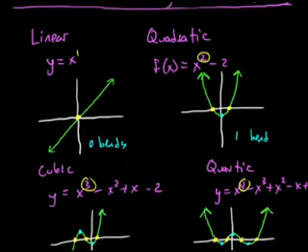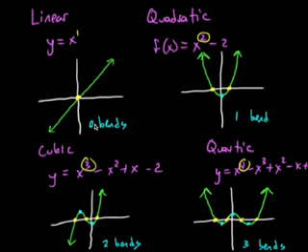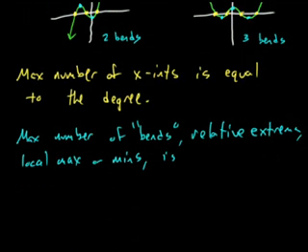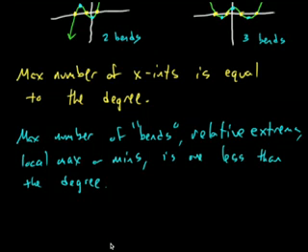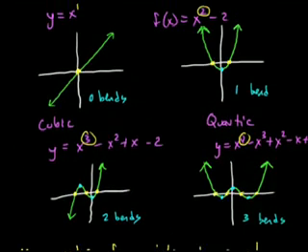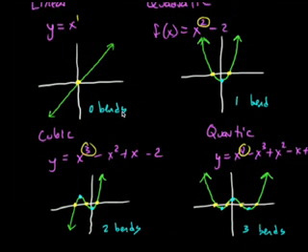Notice, let's see what happened here. When the degree was 1, I had 0. When the degree was 2, I had 1. When the degree was 3, I had 2. When it was 4, I had 3. So it appears to be 1 less than the degree of the polynomial. So that's our number of bends in the function. All right, so we're able to figure that out.